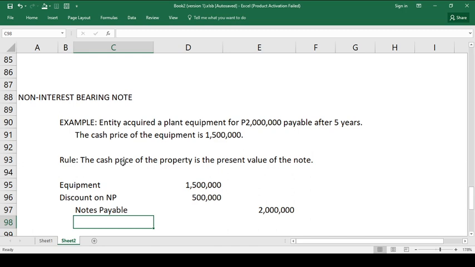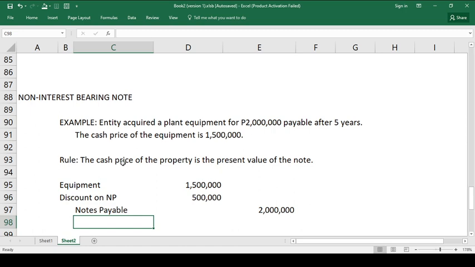The cash price is the value of the property, while the difference of the face value of the note and the cash price of the property is assumed to be the interest that you are going to pay for the periods provided on the note. And how are we going to amortize that? Well, if there is no prevailing interest, we can simply use the straight line method of amortization.